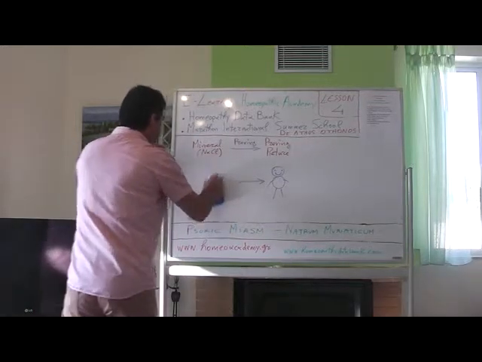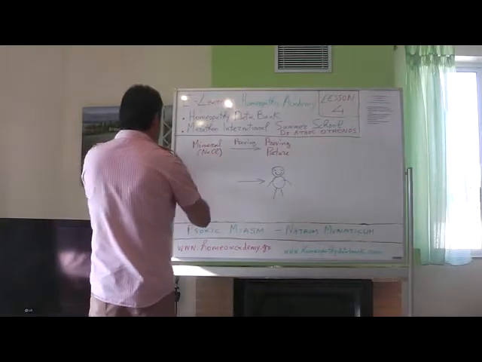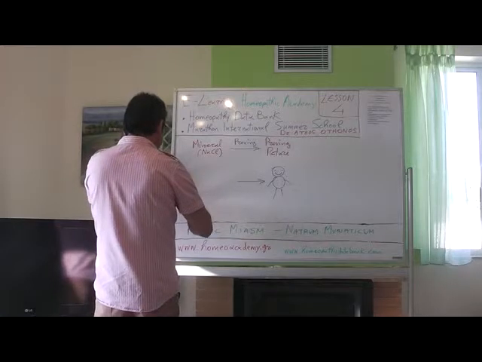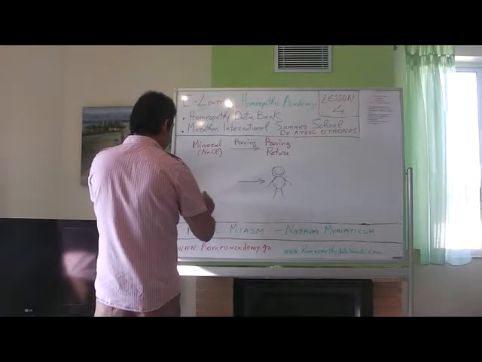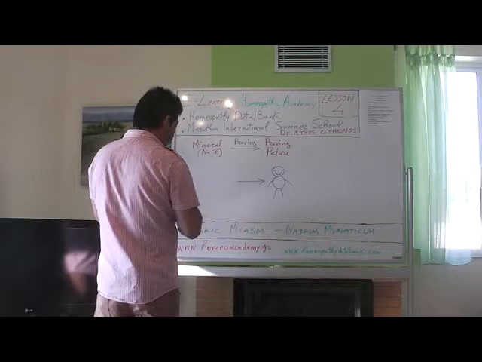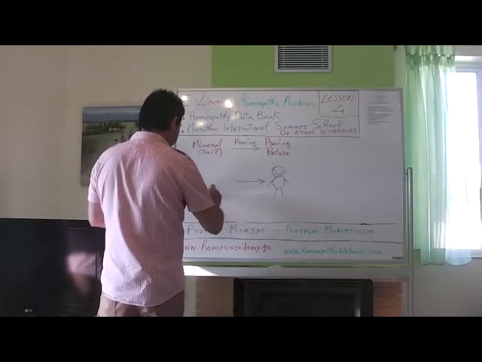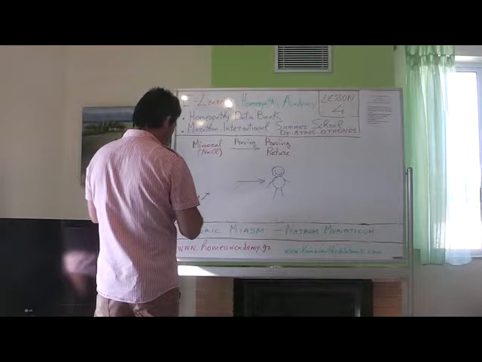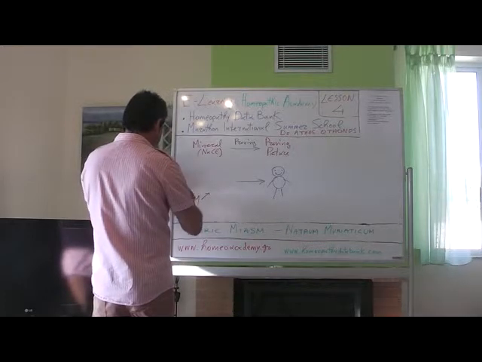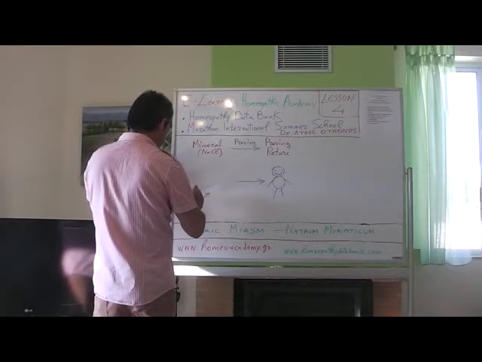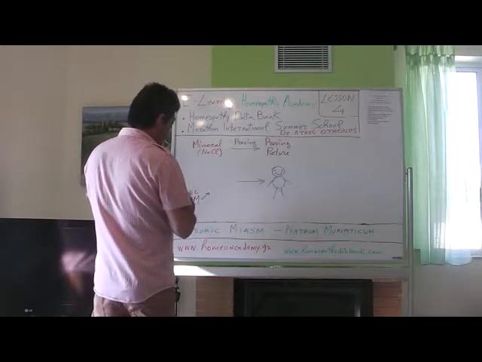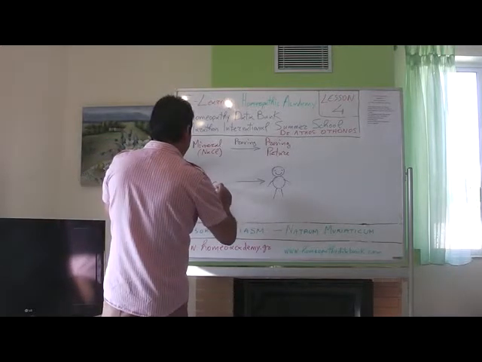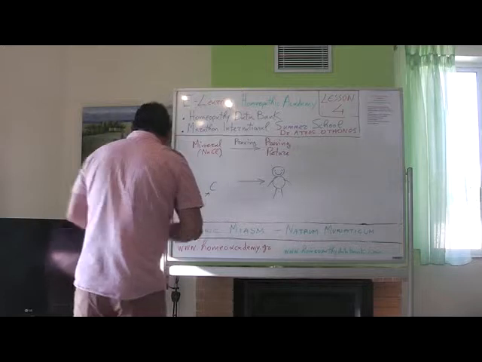We have the miasm, and then we have the constitution Natrum Muriaticum.